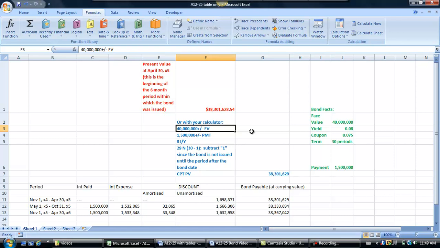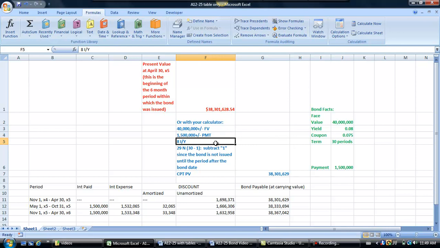So we're going to put in 40 million with a plus minus because it's going to be an outflow, so the issuer is going to pay that out to the investors at the end of the period. 1.5 million will be the payment, and don't forget our payment is calculated as the face value times the coupon, which is 0.075, but you're also going to multiply that by 1/2 because this is an annual rate and the coupon is paid semi-annually.